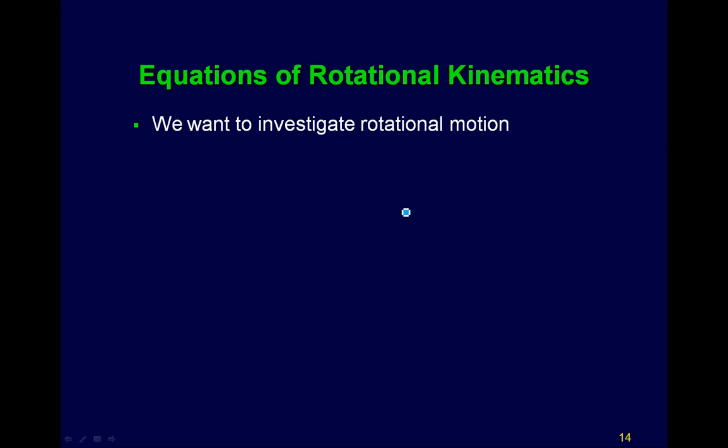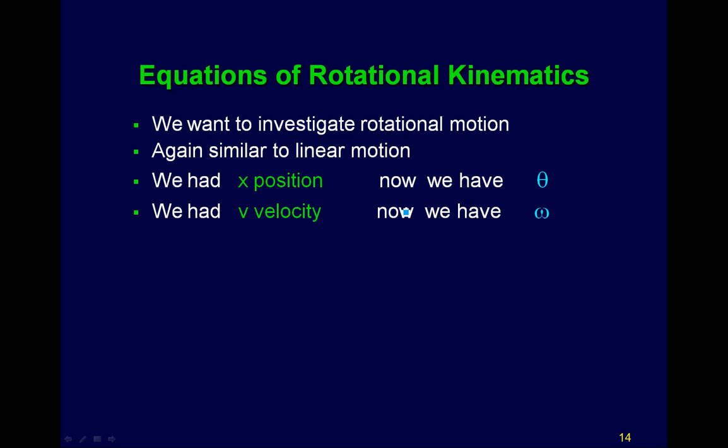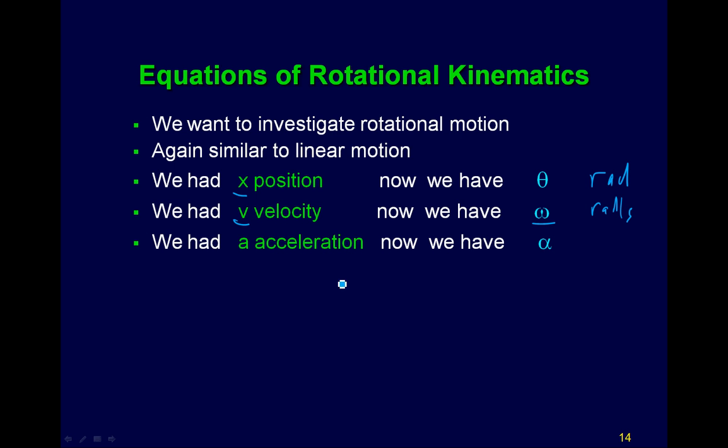And so as we go through this, we used to have position in meters, now position is in radians, and it's a theta. Our linear velocity v was in meters per second. Now our angular velocity is radians per second. And then finally, we had linear acceleration. Now we have angular acceleration, which is radians per second squared.